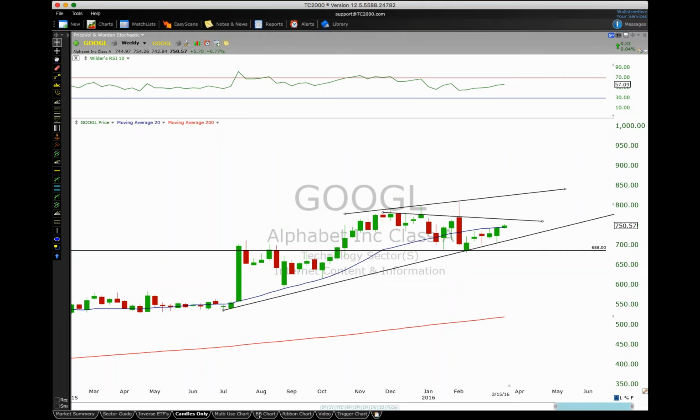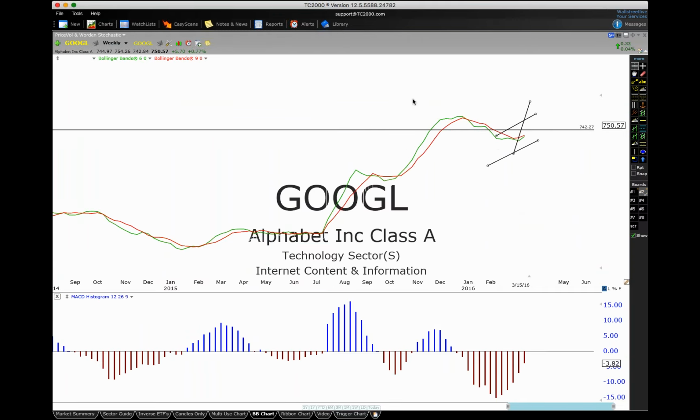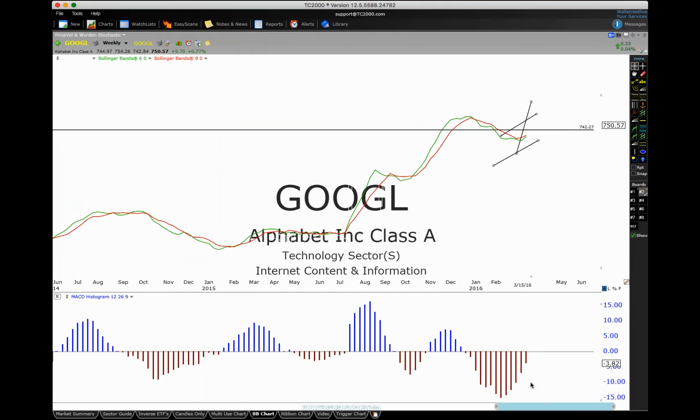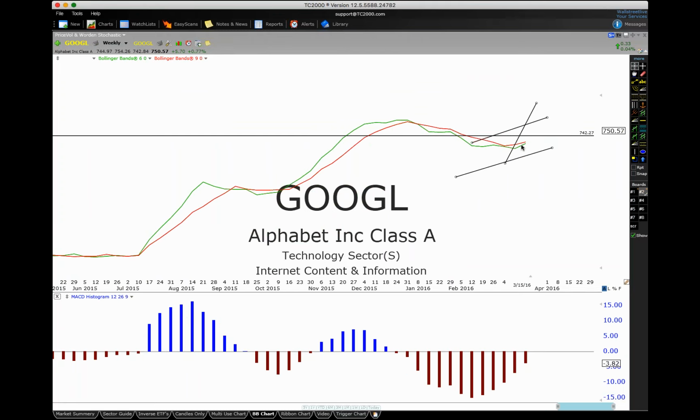Now, when you're looking at a weekly and you're pulling over on my BB chart, you could see here that we're just getting ready to move on the other side with the histogram. We're just separating now on the 9 and the 9 and the 6, getting ready to cross to the upside. So is it going back up there? I don't know. My indicators and everything that I'm seeing is working.